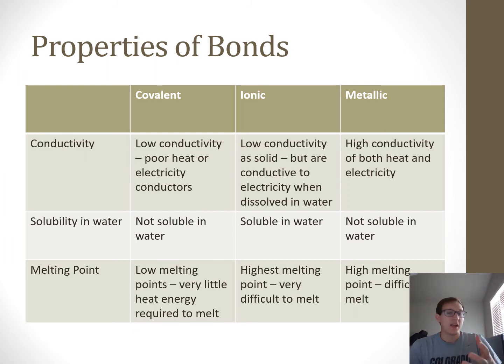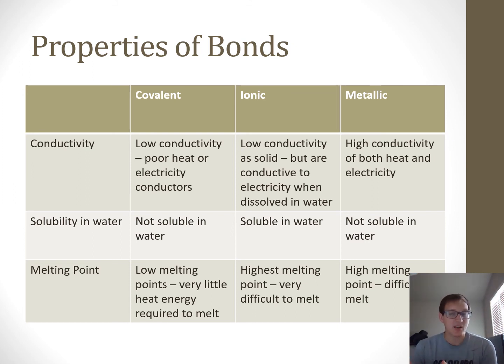Think about salt, which is an ionic bond. If you just hook up something to a salt crystal, it's going to have really low conductivity. You're not going to be able to pass electricity through a salt crystal. But once it's dissolved in water, it's actually a really good conductor of electricity.